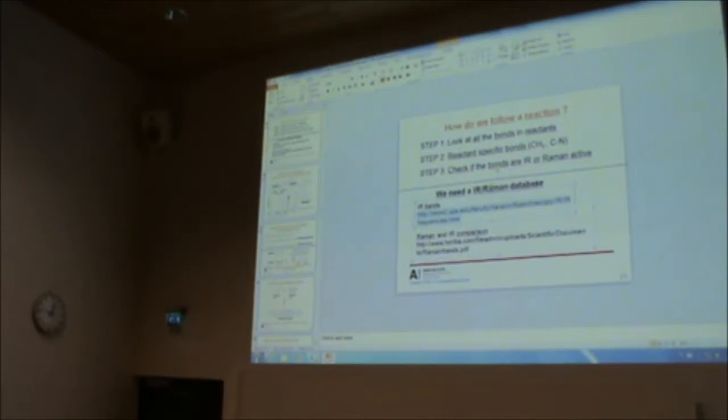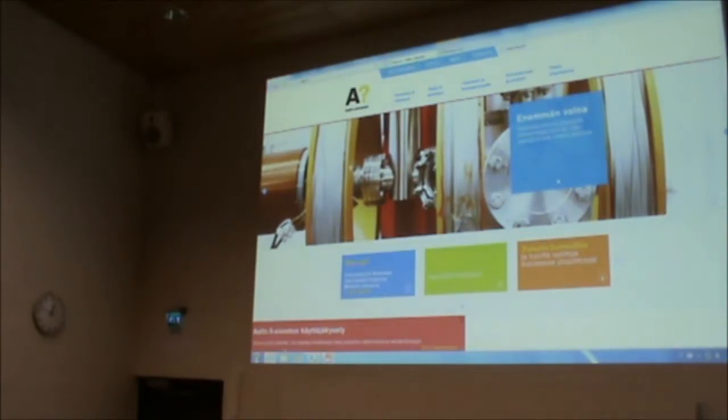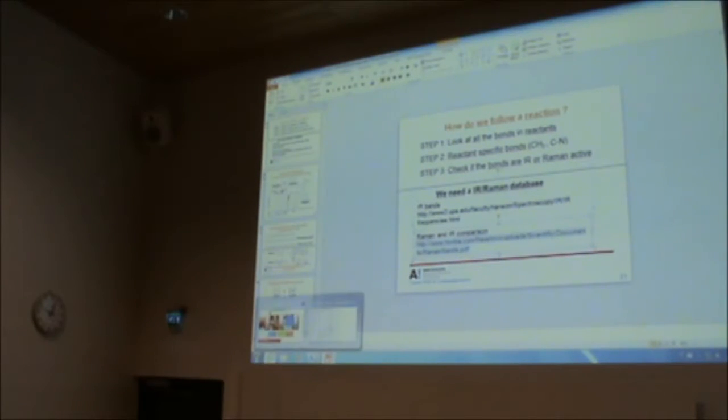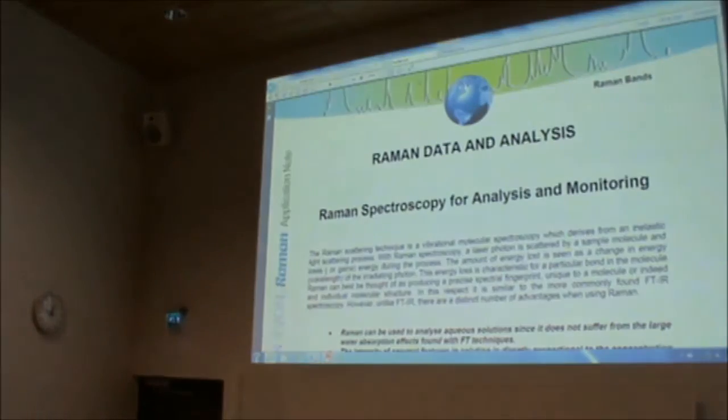Now, this is only infrared spectroscopy, but it's always good to compare. Like I said, these techniques, Raman and infrared, are complementary.